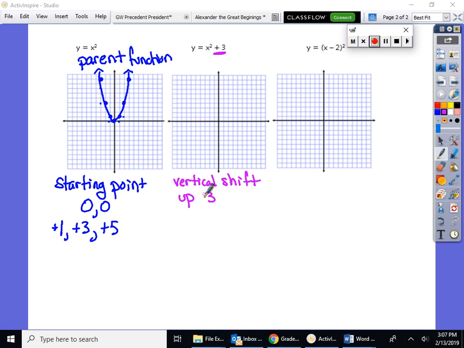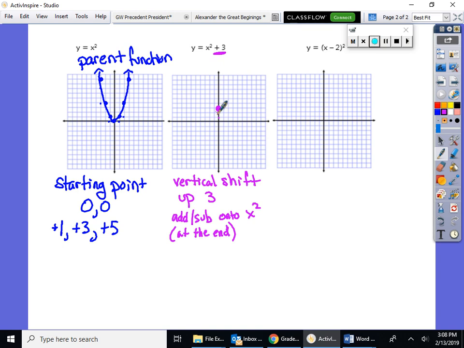The vertical shift is when we add or subtract onto x squared, when we put it at the very end. So we're just going to start by counting up 3. 1, 2, 3. It has a vertical shift of up 3, so we counted up 3.